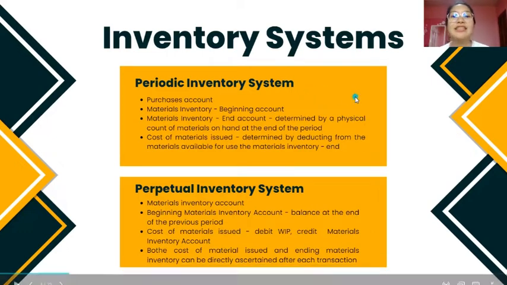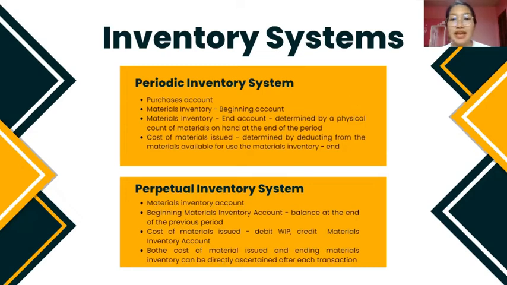And the ending materials inventory is determined by a physical count of materials on hand at the end of the period. So, let's recall their formula. If we add materials inventory beginning plus purchases, we have total materials available for use. And then if we deduct the materials inventory ending, we will come up with the cost of materials issued.